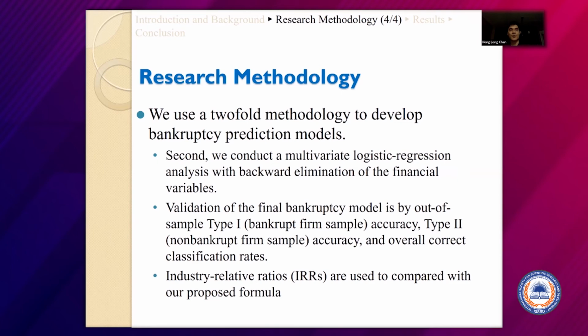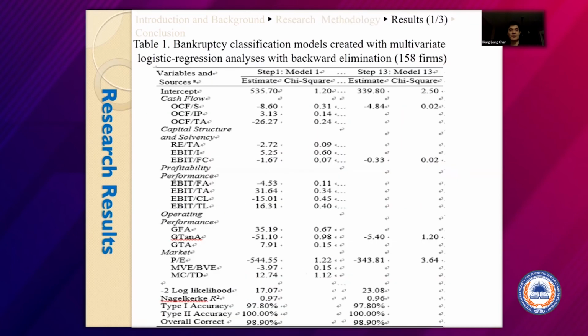Table 1 shows bankruptcy classification models created with multivariate logistic regression analysis with backward elimination. This is based on 158 firms. As you can see, the process goes through model 1 to model 13, and model 13 is the final model, which consists of 4 variables.